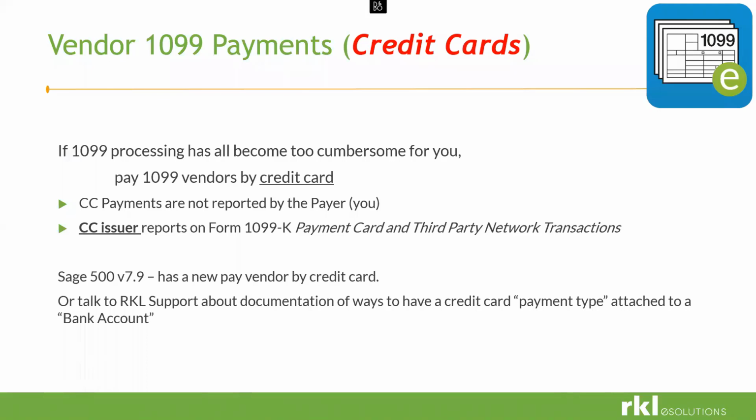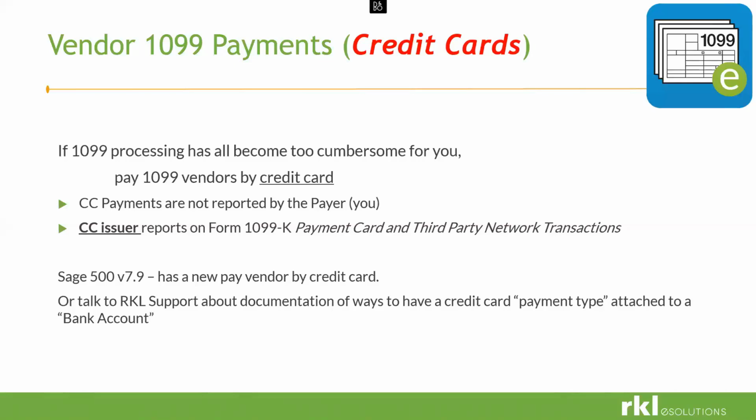So there's been a fair amount of confusion, but everything I can see out there says that if you want to get rid of this whole processing of 1099s or cut down on the amount of it, then you pay your vendors by credit card or PayPal. Because that moves the responsibility for the 1099 processing off of your area. And it makes for some weird gaps.